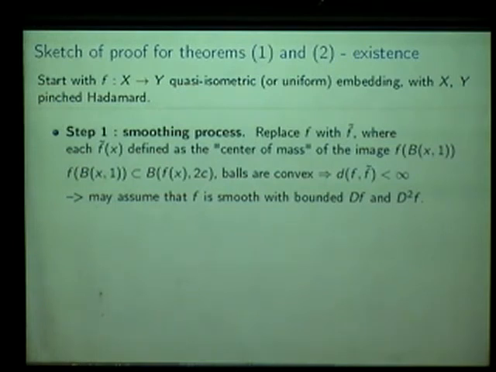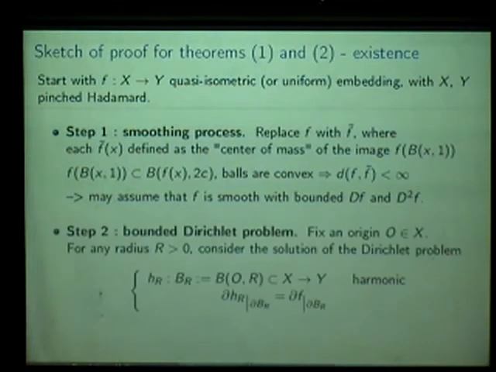So now, as I said, we want to solve a bounded Dirichlet problem. We fix once and for all an origin O in X. And for each big ball with center X and radius R, we will be able to solve the Dirichlet problem on this ball with boundary condition F. Recall that now F is assumed to be smooth.